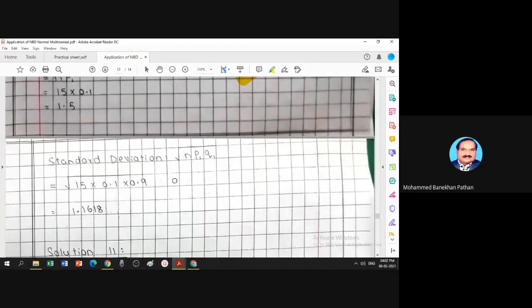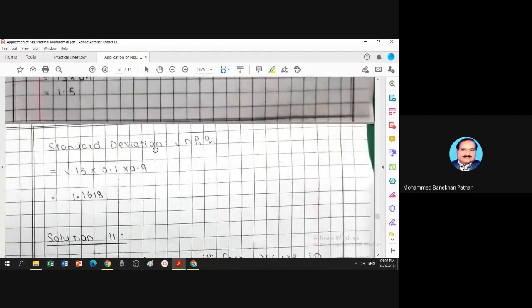At the same time, they are also asking for standard deviation. Standard deviation is the root of the variance of the variable under study. N multiply P1 multiply Q1. If I forget the root, it is nothing but the variance of the binomial for random variable x1.